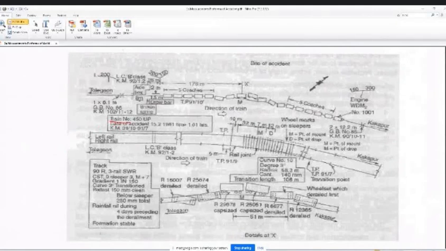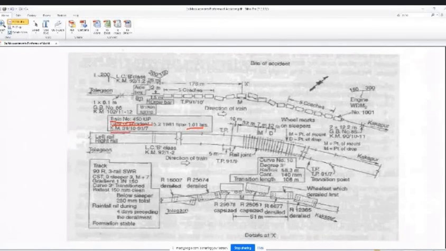In the second layer, he has given train number 450 up. Then date of accident, 15 to 1981. Time of accident, 1.01 hours, night 1 o'clock. Because in railways we use 0 to 24 hours time, so you have to write it that way.